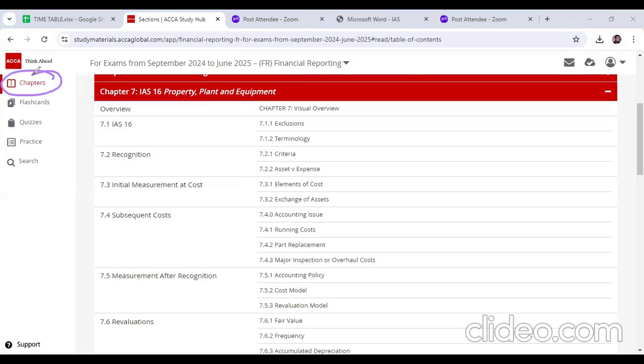You will go into chapters. Chapter number 7 is IAS 16. Exclusion, no need to read. Terminologies, it's up to you. I want you to read this one, this one, this one.